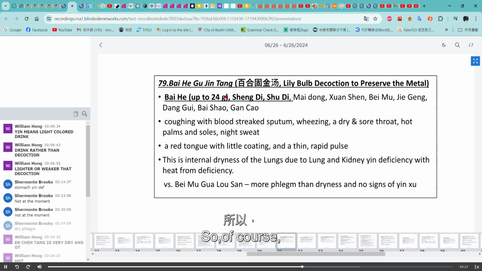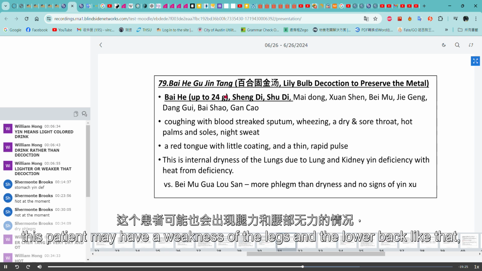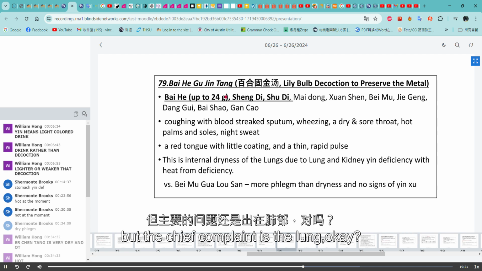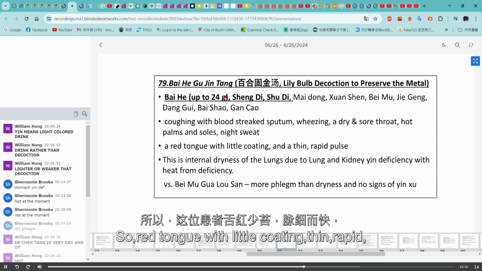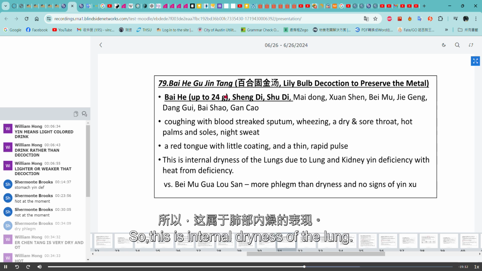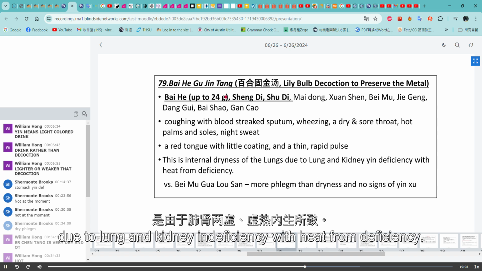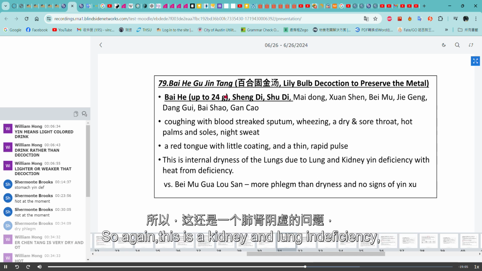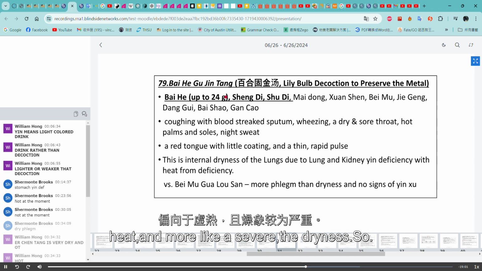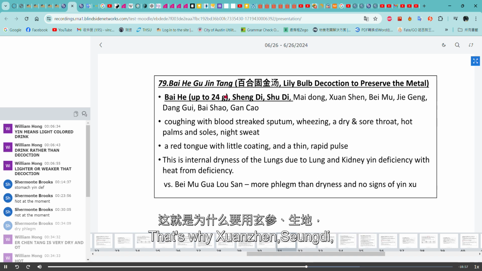Of course this patient may have weakness of the legs and low back, but the chief complaint is in the lung. Red tongue with little coating, thin, rapid, thready pulse. So this is internal dryness of the lung due to lung and kidney yin deficiency with heat from deficiency.